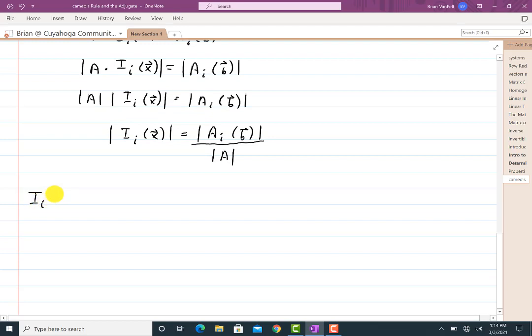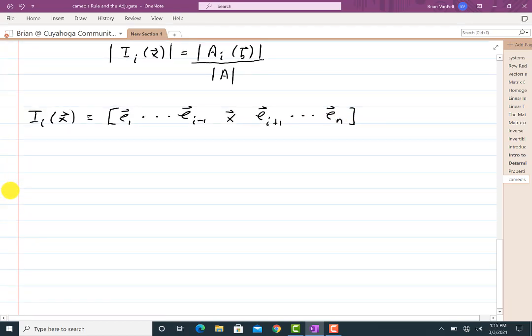To get its determinant won't be that bad. I just want to write it out a little bit. This is e1 up to e_{i-1}, and then we've replaced the ith column with an x. Let me write it out in longhand. I don't know how many rows I'll need, I'll just write some and see what happens.